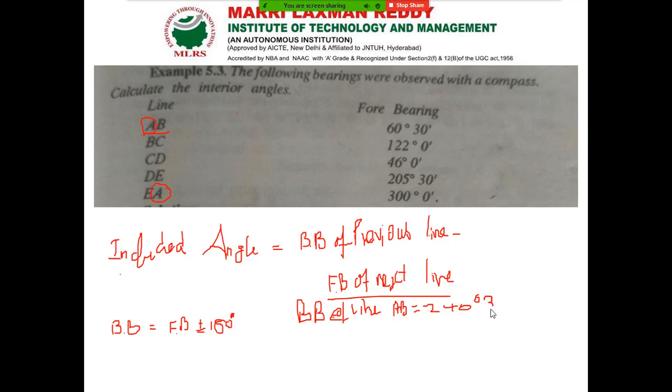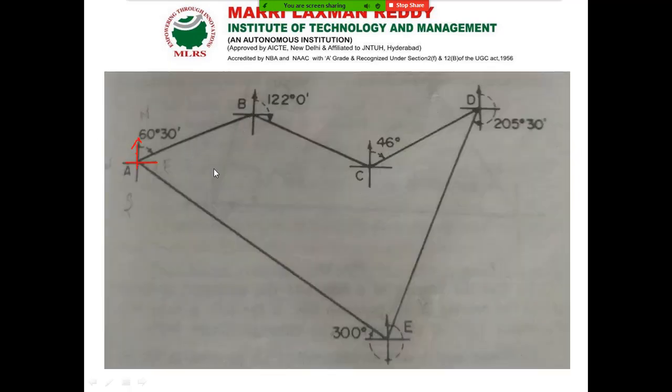We have to write it in the diagram. For the line AB, the back bearing is from here to here, 240 degree 30 minutes.